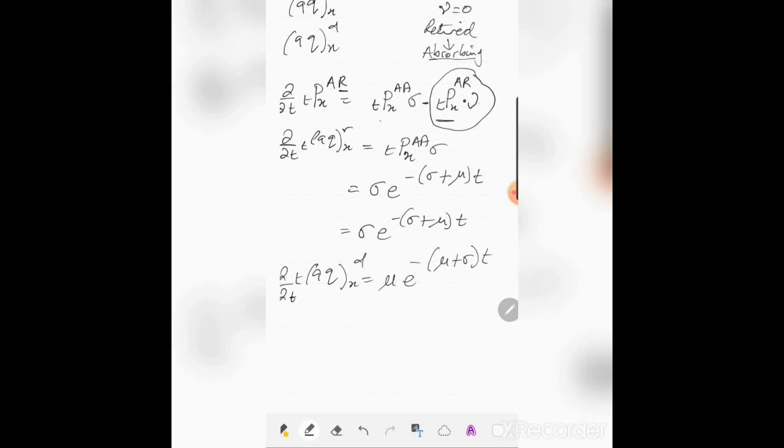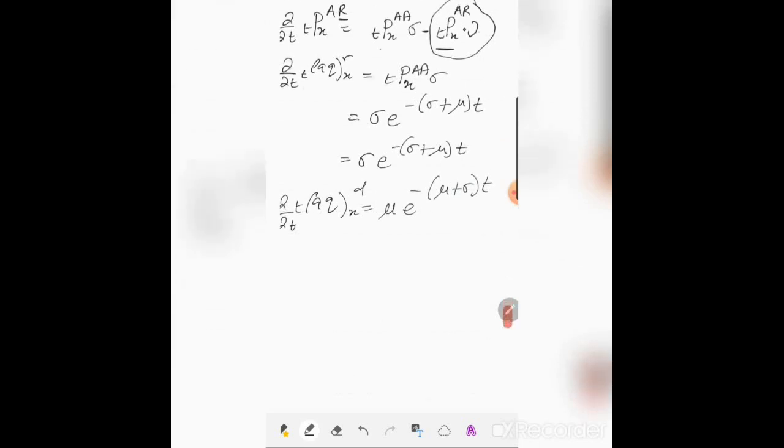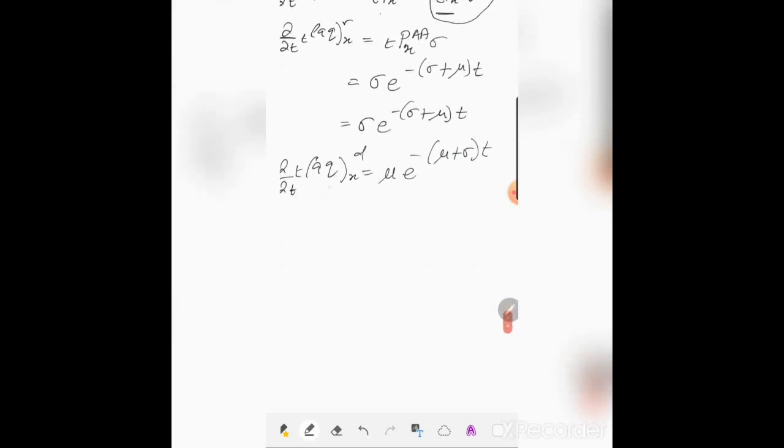Now I've got these two things. I can very well substitute t equal to 1. So if I substitute t equal to 1 from there, I can solve these differential equations. So aqxr becomes sigma over sigma plus nu, times 1 minus e to the power of minus (nu plus sigma).